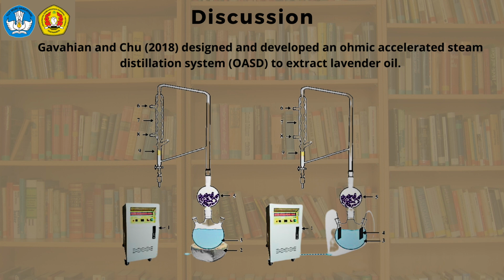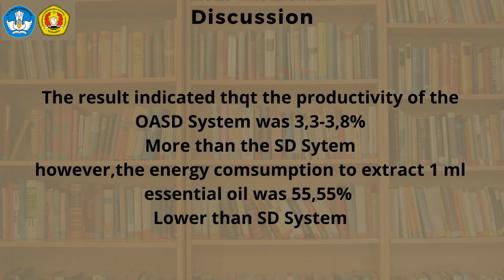In the study, the yield and energy consumed for distillation of the proposed system have been calculated and compared with the conventional distillation system, or CD. The research indicated that the productivity of the OAHD system was 3.3 to 3.8% more than the CD system.